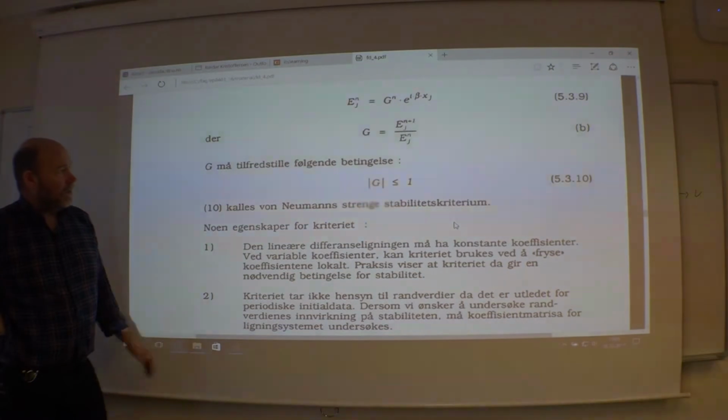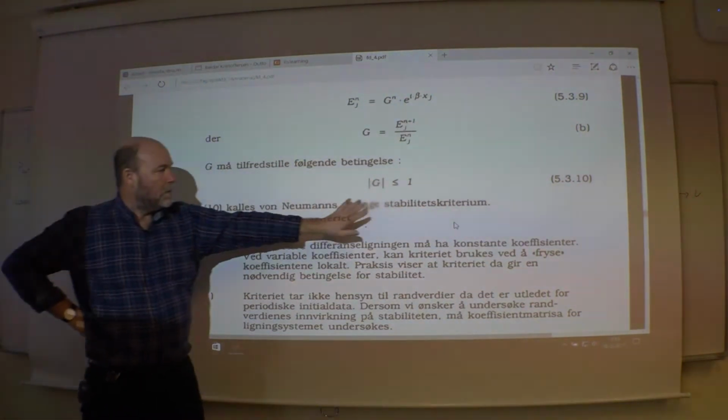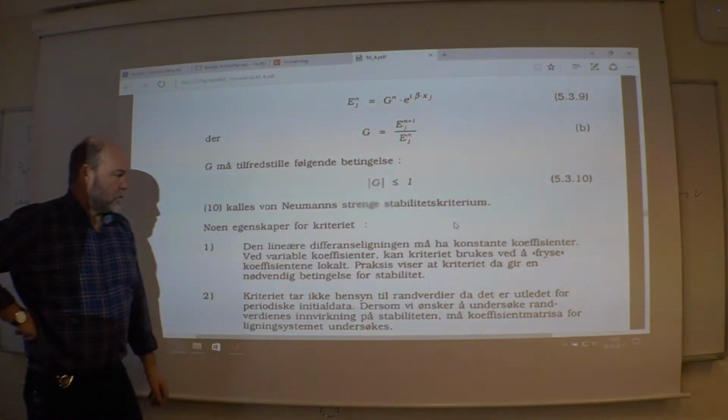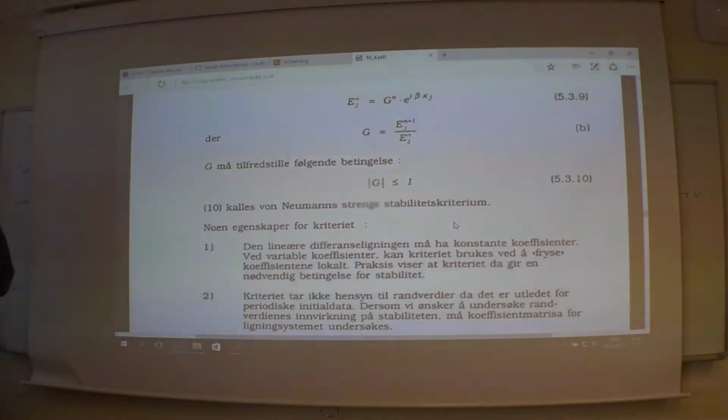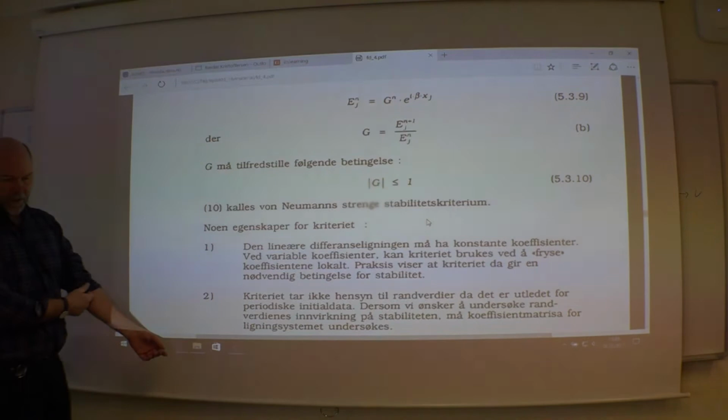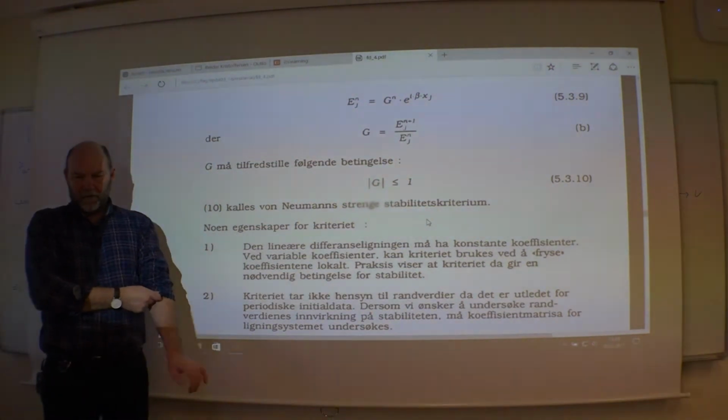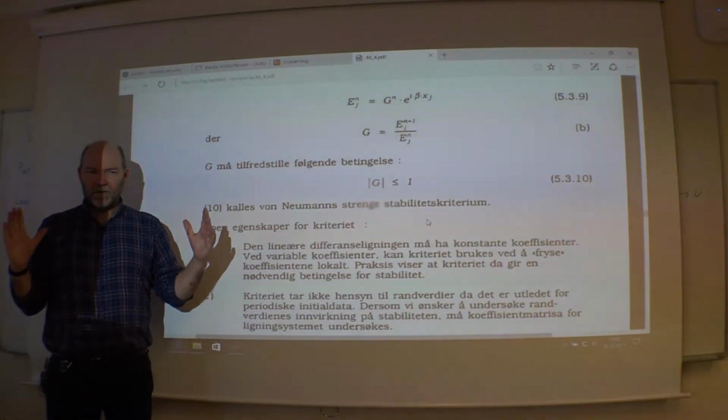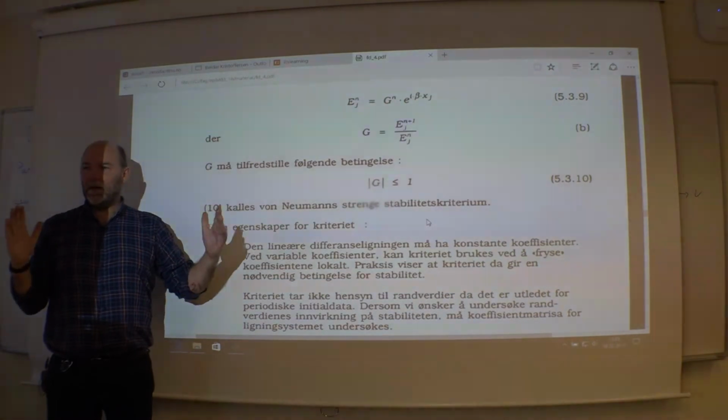So the criterion is that the amplification factor must be smaller than or equal to 1. But it has to be linear, and also, one thing between the lines, it's based on a Fourier series, meaning your domain has to be periodic.